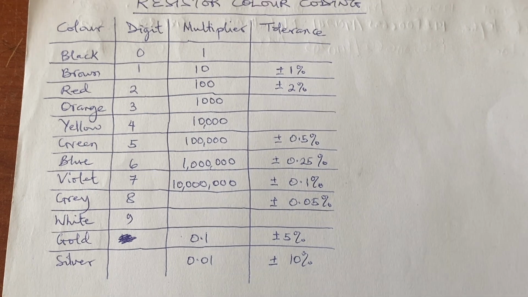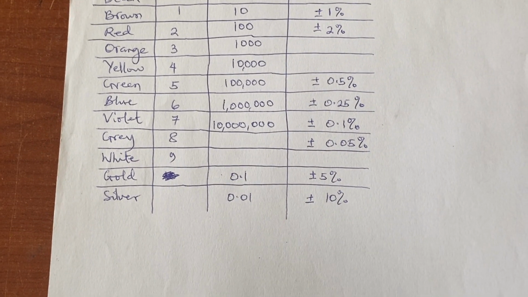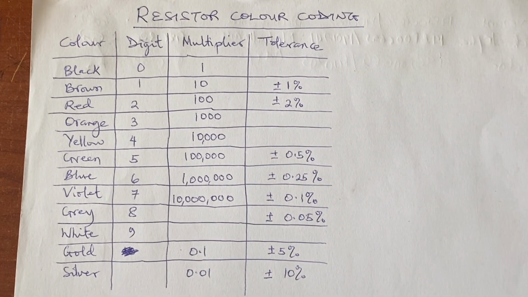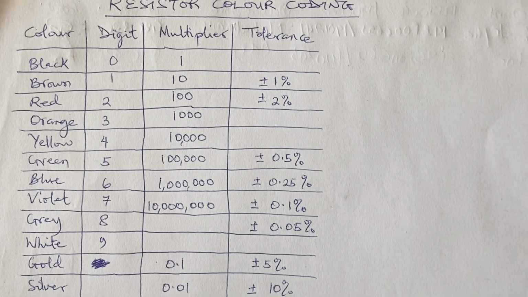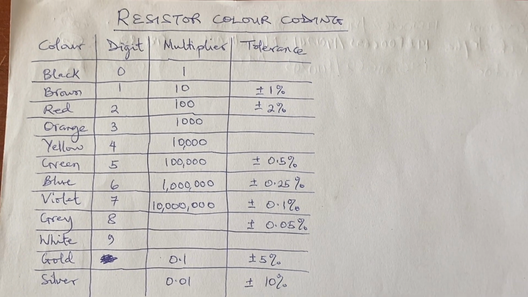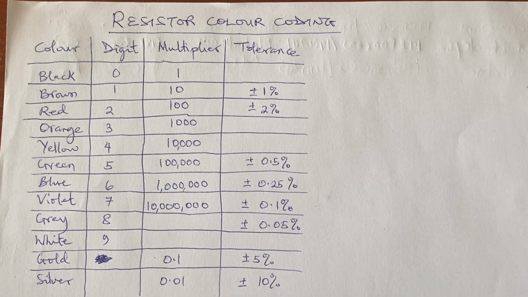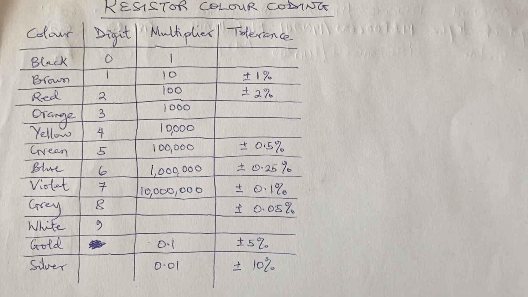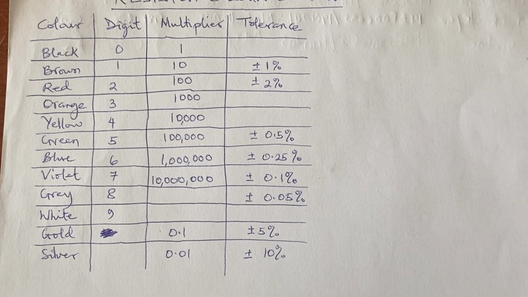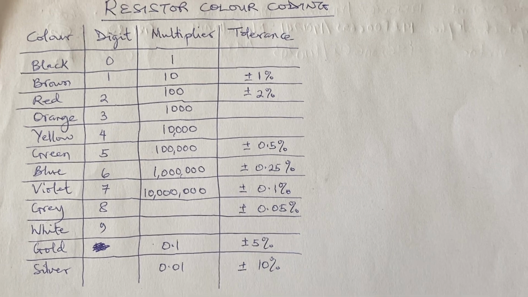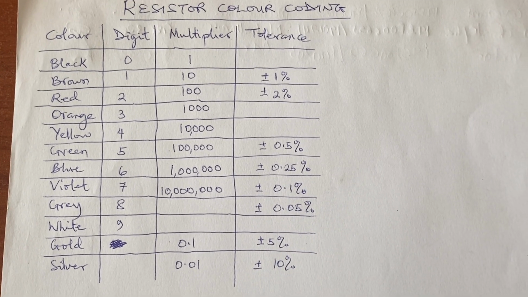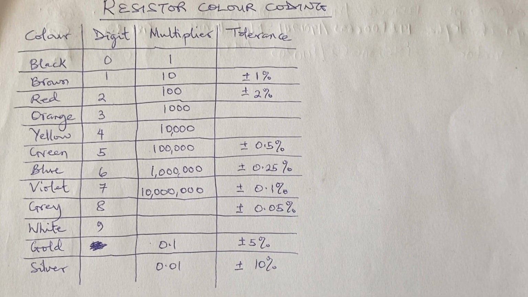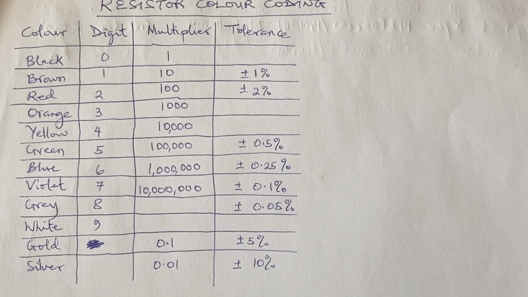Today we are going to be dealing with color codes in resistors. And what kind of resistor are we talking about? We are talking about fixed resistors. These resistors have color codes with which we can depict their resistance values without a multimeter.